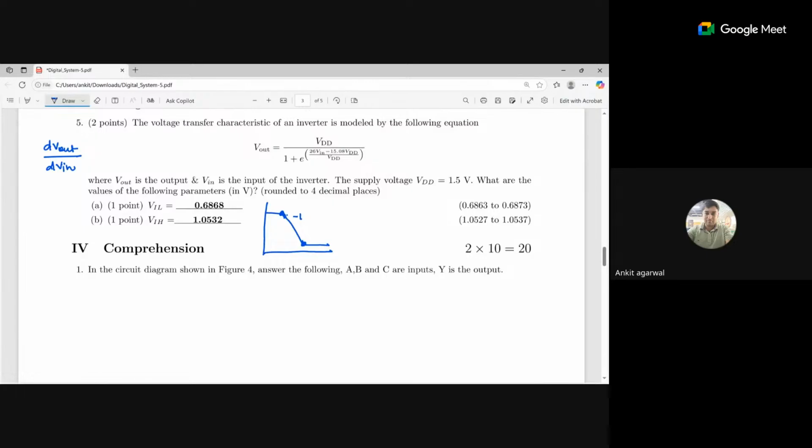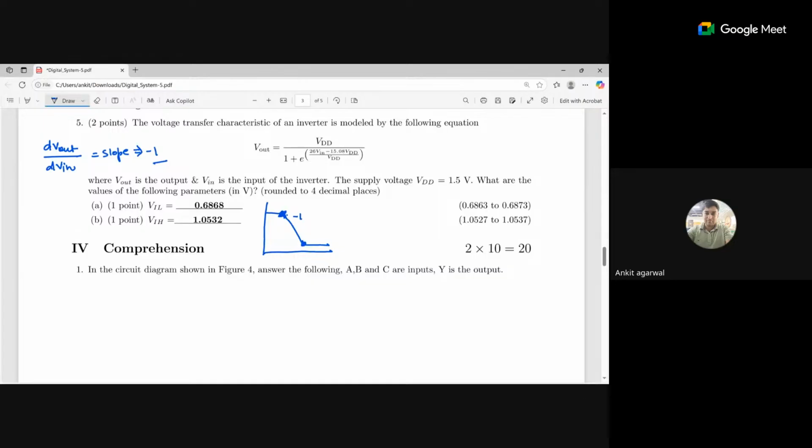So dV out upon dV in, if I take the differentiation of this, it will tell us the slope. If we put the value minus 1, that particular point will give us this. Clear? So we take the differentiation of this and put the value of minus 1.